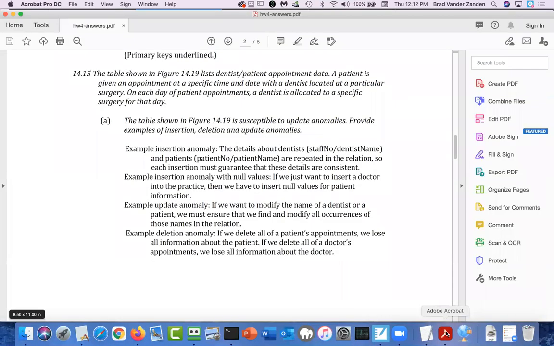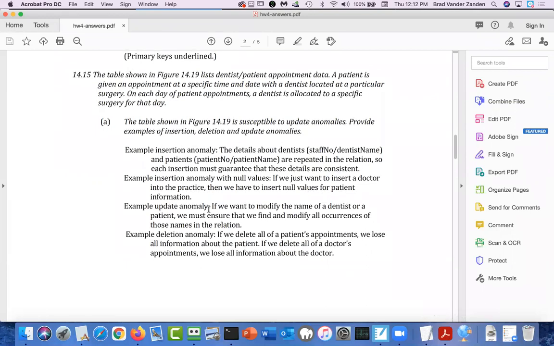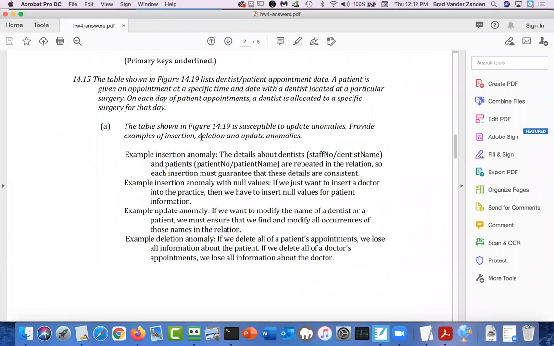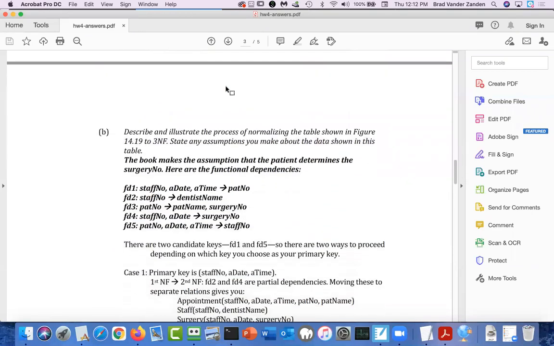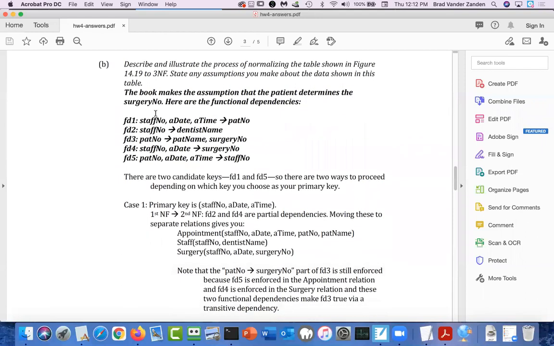One had to do with the homework solutions, homework 4, when you were doing normalization. It was the problem with the dentist and the patient appointment data. The functional dependencies that I derived were these.